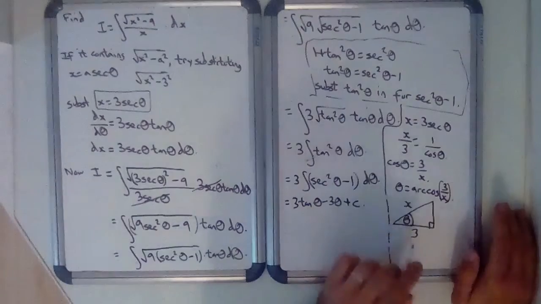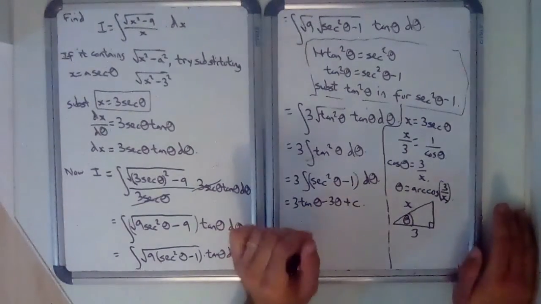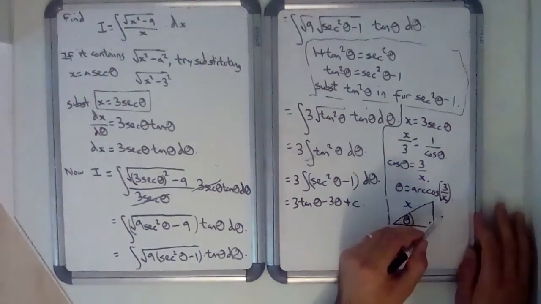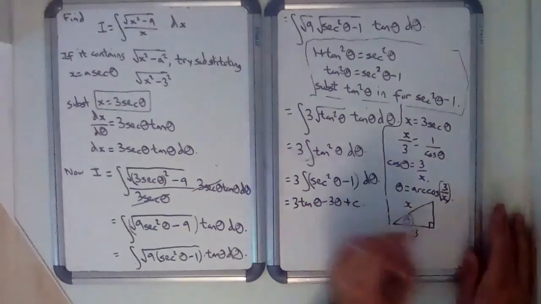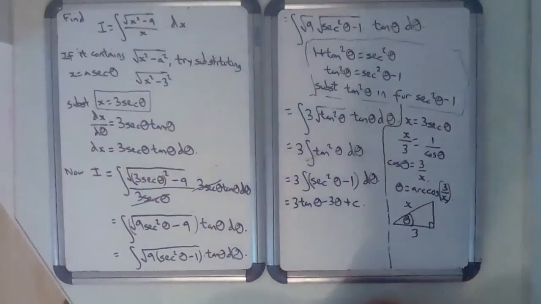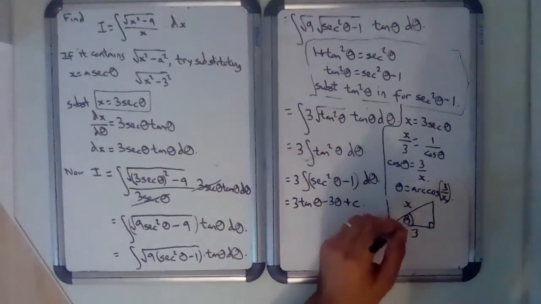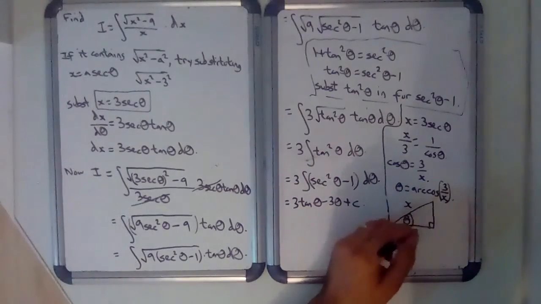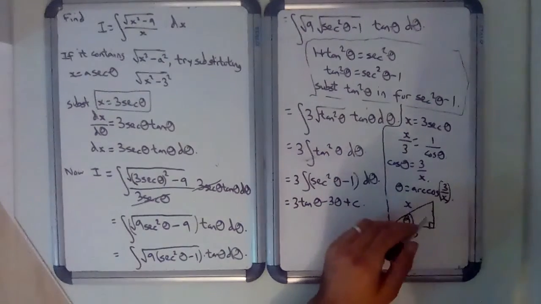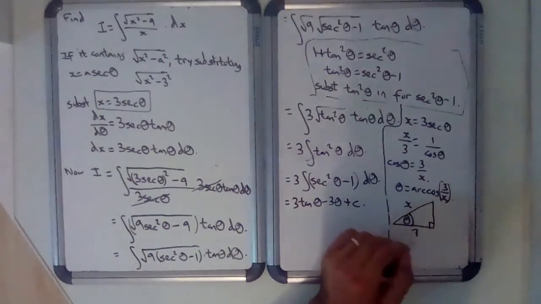Right, so if that's cos theta, I need an expression for tan theta, which is opposite over adjacent. So it's going to be something over 3. But the something we can get by using the Pythagoras theorem, sorry. So this is a short side in a right angle triangle, so it's going to be the square root of c squared minus b squared.